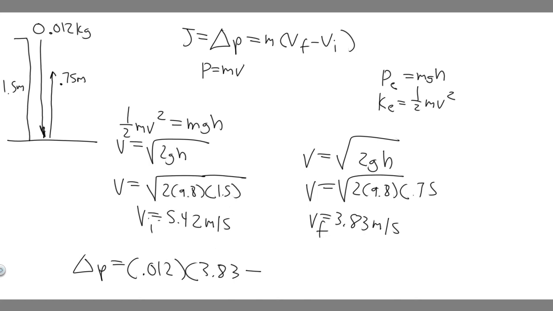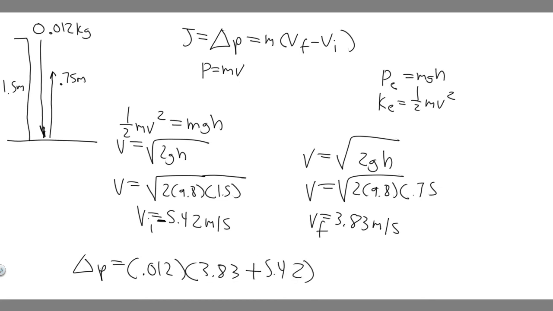Keep in mind that we only stated the magnitude earlier, but when we plug it into the formula, we have to take into account direction. The initial velocity is going down while the final velocity is going up, so the initial is negative. When we plug it in, because we're subtracting a negative 5.42, it's really going to be adding: 3.83 minus (negative 5.42), so really plus.